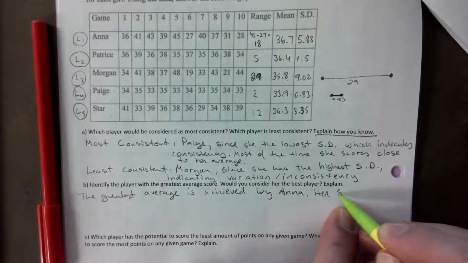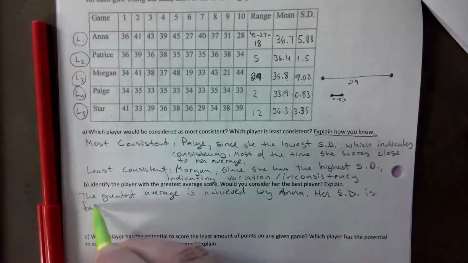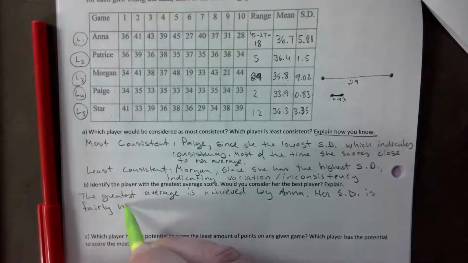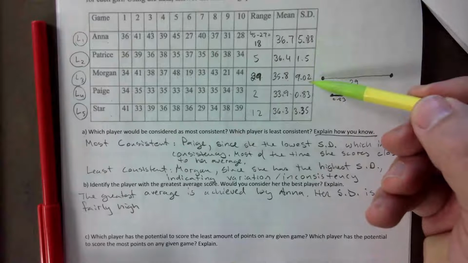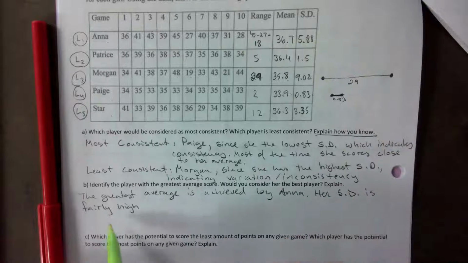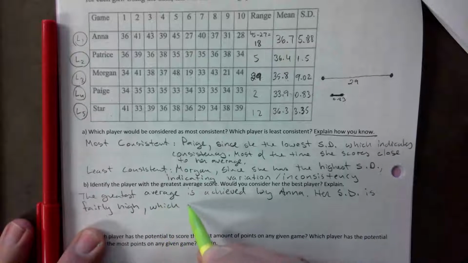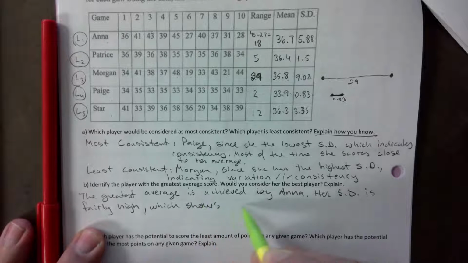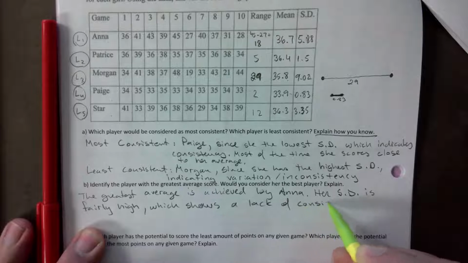Her standard deviation is fairly high compared to the other players, right? I would say it's right. Morgan has the highest, and then there's Anna. So I would say her standard deviation is fairly high, which shows a lack of consistency.